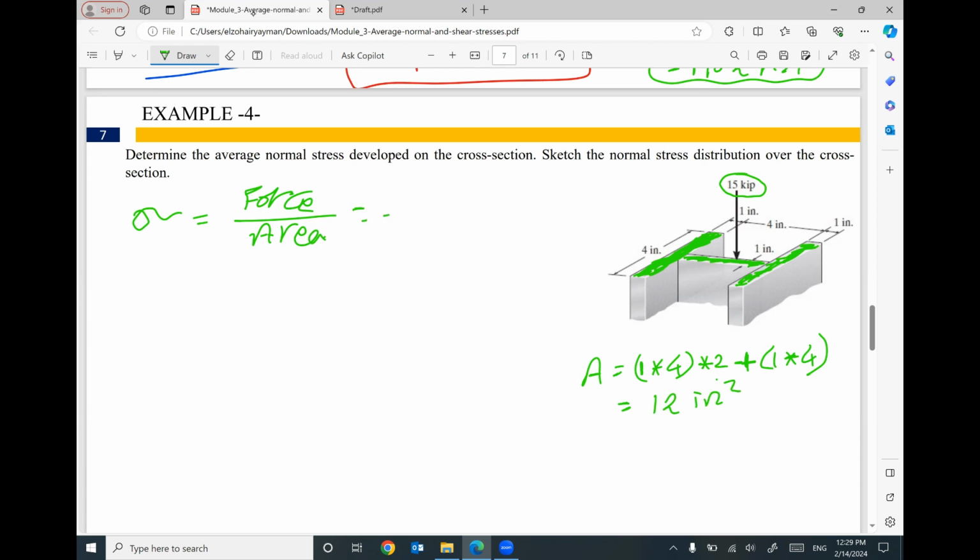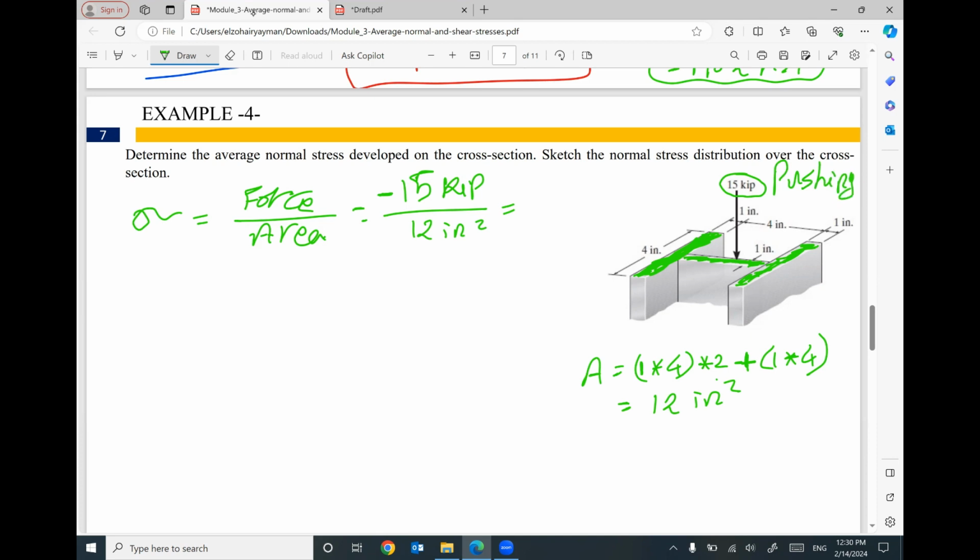So the applied force is 15 kip. The area of the cross section is 12 inches squared. So the value will be negative. Why negative? Because this force is pushing the cross section, pushing down.